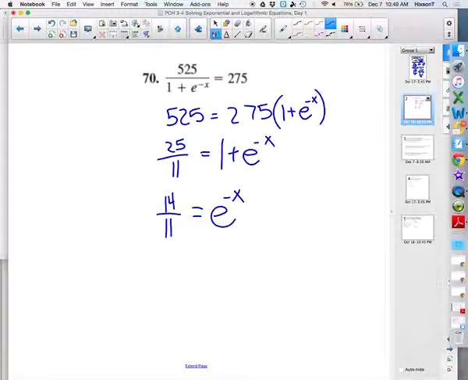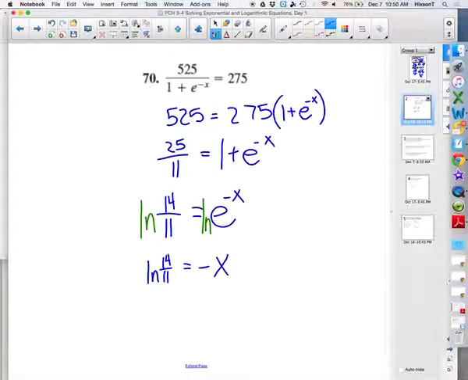And now, look, we are going to take the natural log because at this point, our exponential is by itself. Don't take a log at all until you've got the exponential by itself. And then we're going to take the natural log of both sides. And that's going to give us negative x equal to whatever this is.